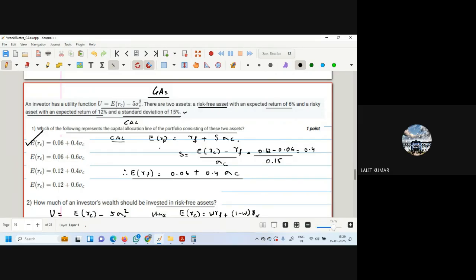We remember we had derived this CAL equation, ERP is equal to RF plus S into sigma C. So we first find S, the Sharpe ratio, which is expected RC minus RF divided by sigma C. We put it here and find it is 0.4. Therefore, your ERP is 0.06 plus 0.4 into sigma C. And this is your CAL equation. Is this okay?